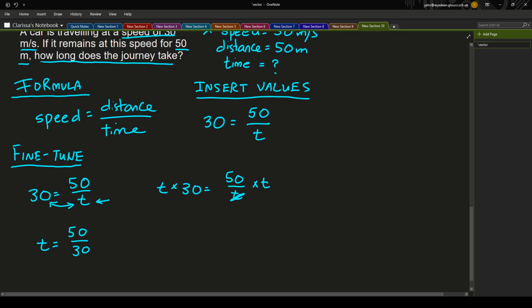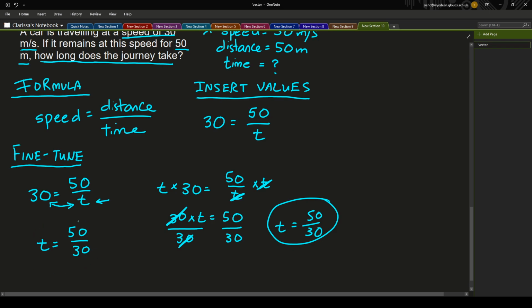This t and that t cancel each other out. So you're left with t times 30 equals 50. Then I divide both sides by 30. So the 30s cancel out, and you're left with t equals 50 over 30. Notice that is the exact same as that.